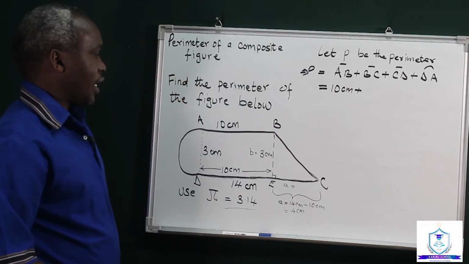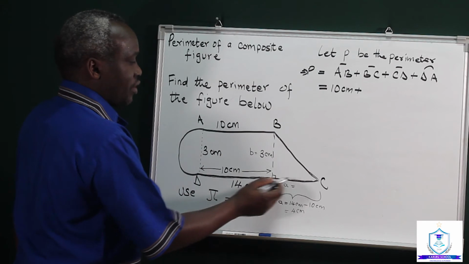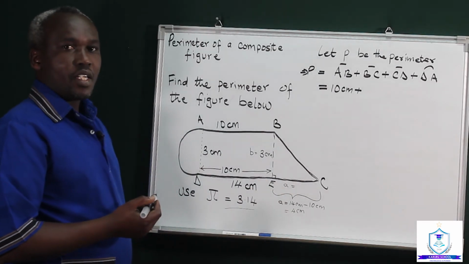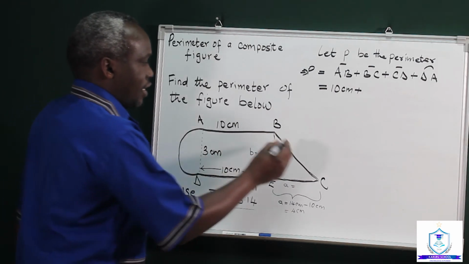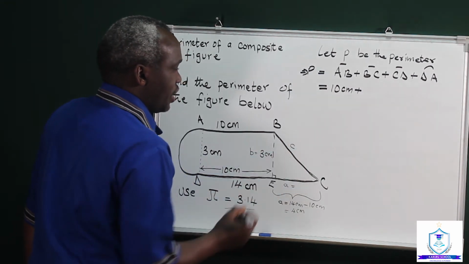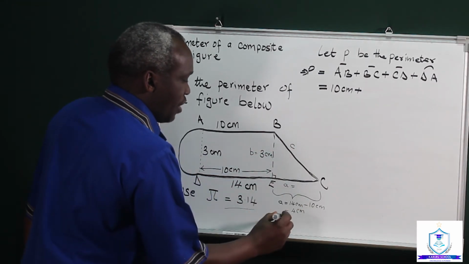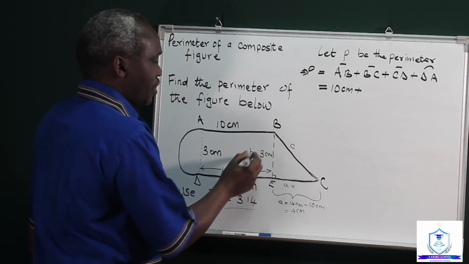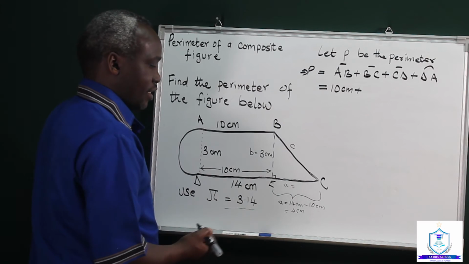Now, having known the two sides of the triangle, we can use the Pythagoras theorem, which states that the unknown distance, in this case our hypotenuse, which we can call C, is given by the square root of the sum of the squares of the other two sides.